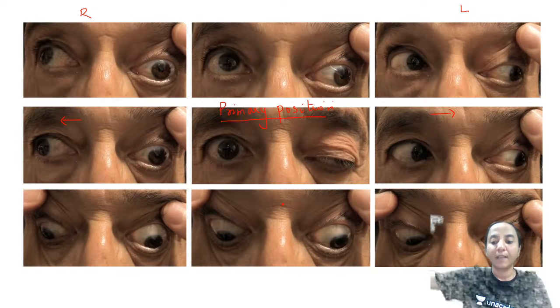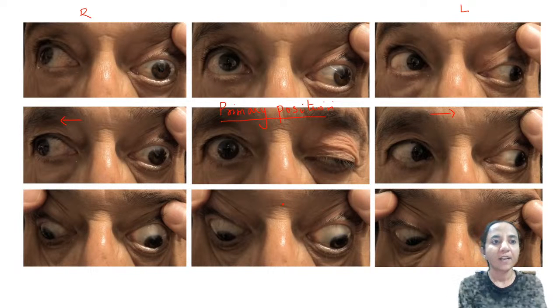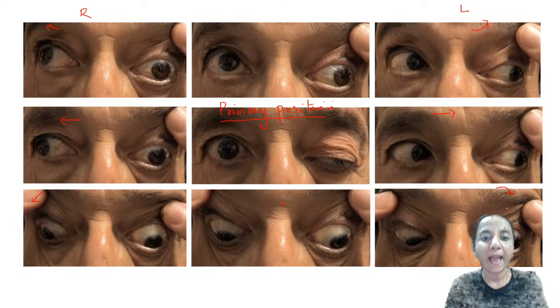Dextro elevation, dextro depression. Here, levo elevation, levo depression. So this is up and right, this is down and right. Similarly, here you have up and left and down and left. These are the 9 gazes, and the central photograph is the primary position.